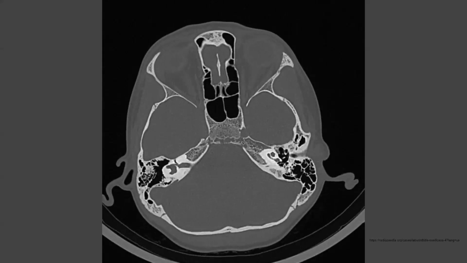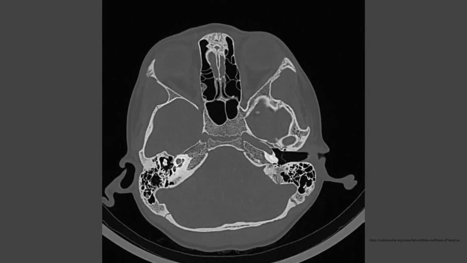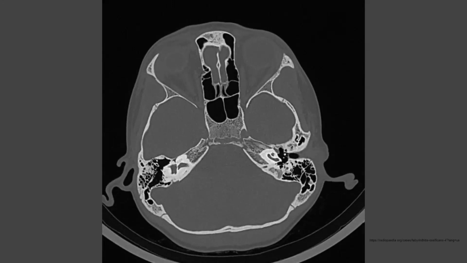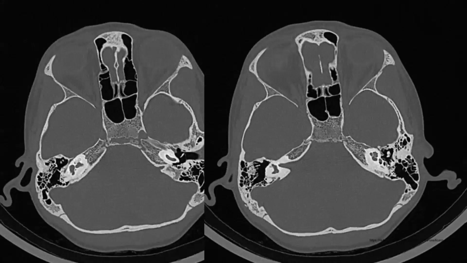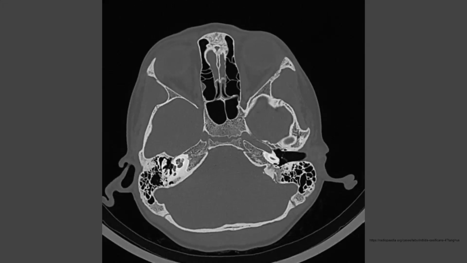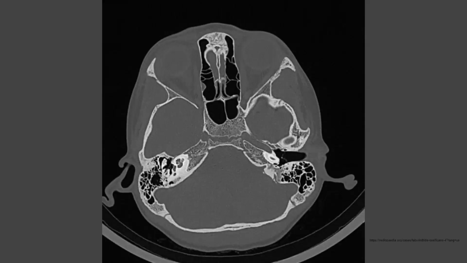So just looking at our next image here, I wanted to illustrate another process. The question is, of course, what's abnormal here as we scroll through? Well, I'll tell you, let's go back here.